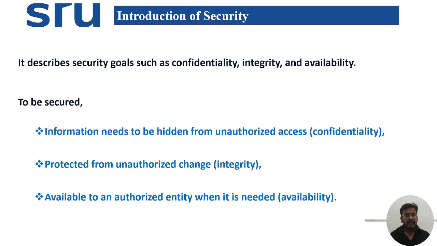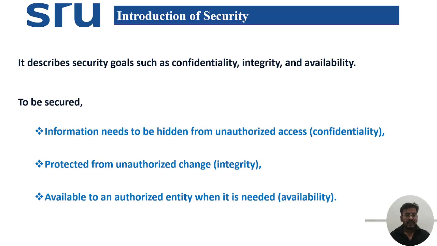So why do we need to secure information? Information needs to be hidden from unauthorized access. If an unauthorized person wants to read the file, it should be restricted by the security systems. We simply call this confidentiality.